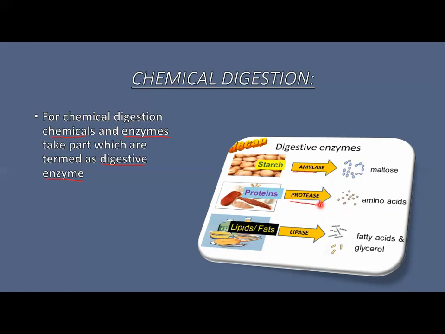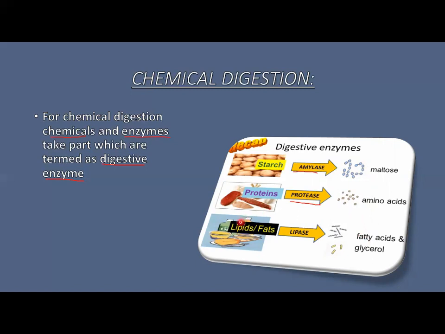The last one is lipids, or simply fats. Lipids and fats can be broken down into a smaller form, fatty acids and glycerol, with the help of the enzyme lipase. So these are the different enzymes that help in the breakdown of starch, proteins, and lipids into their smaller and soluble forms.